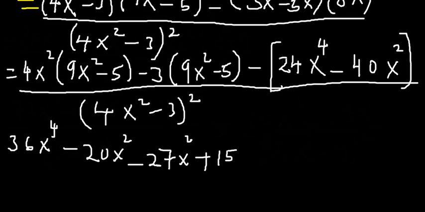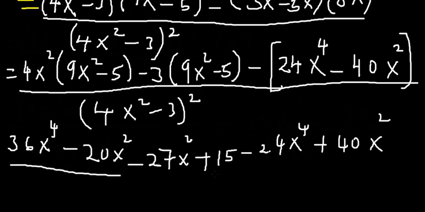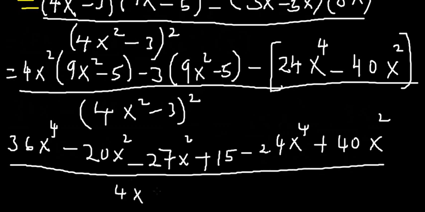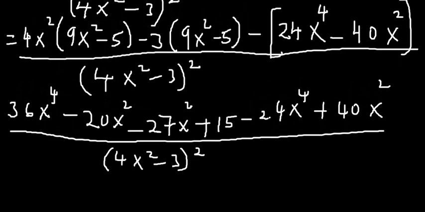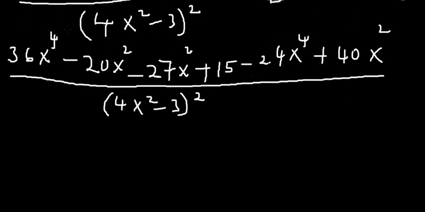And then for this other part, we're going to have minus 24x squared, or rather 24x to the 4th power, plus 40x squared, and then all over 4x squared minus 3 squared.